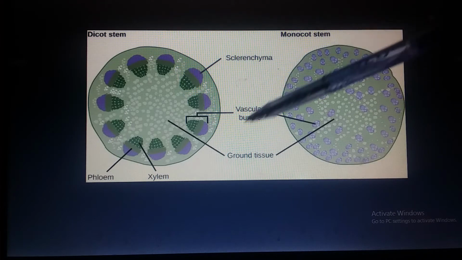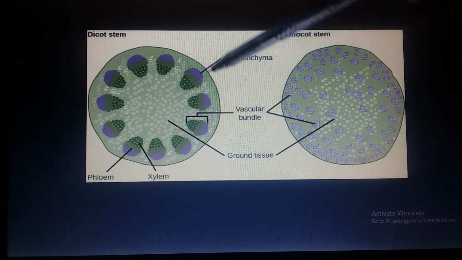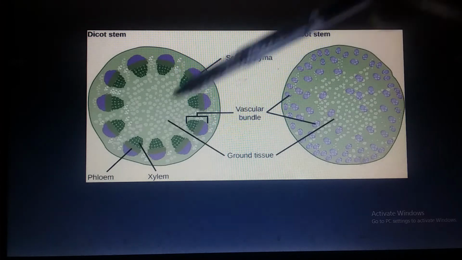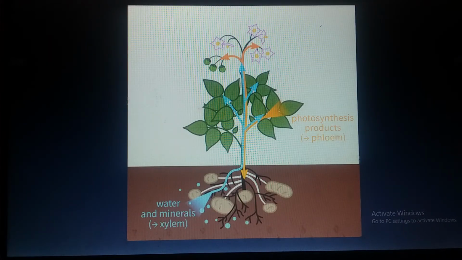In the dicot, vascular bundles are arranged in a circular ring, but in the monocot, they are distributed throughout, not arranged in a ring. So this is the basic concept about the dicot and monocot in terms of the vascular bundles. Now I'm moving towards the next slide.